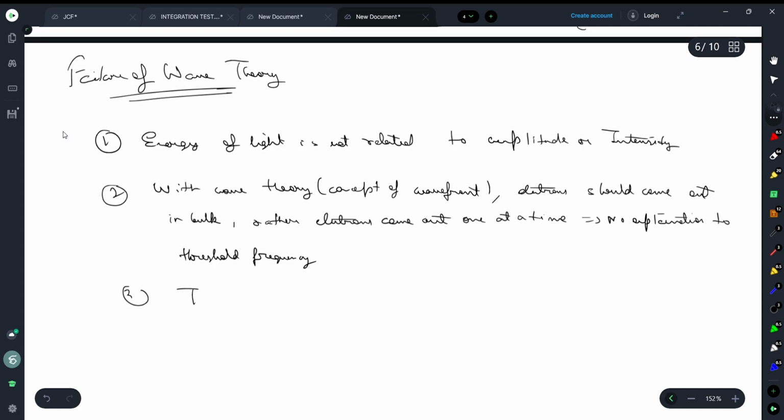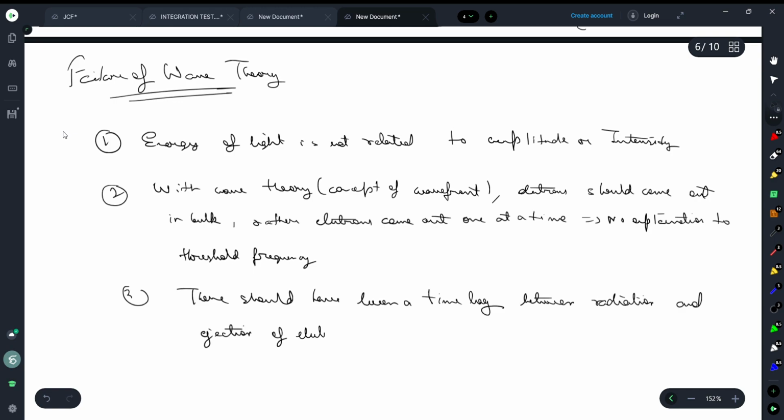Point number 3, there should have been a time lag between radiation and ejection of electron when wavefront is considered.